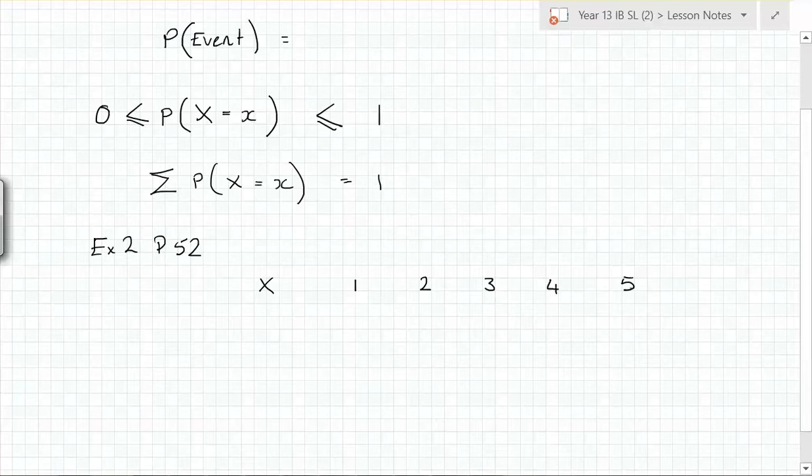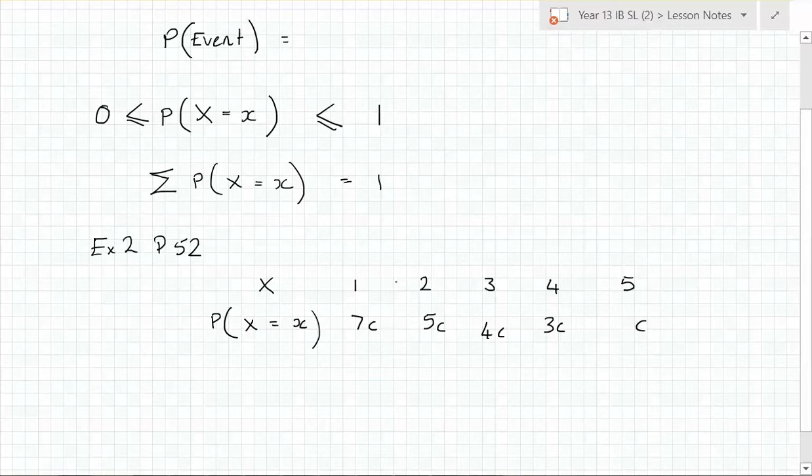Okay? And the probability that X will equal x, they give us the probabilities 7c, 5c, 4c, 3c, and c. So, which is the most likely outcome? Well, what's the most likely outcome, though? 1.